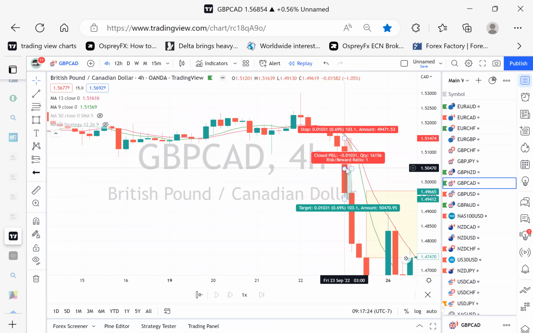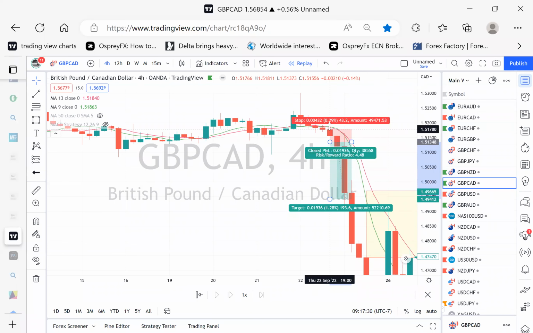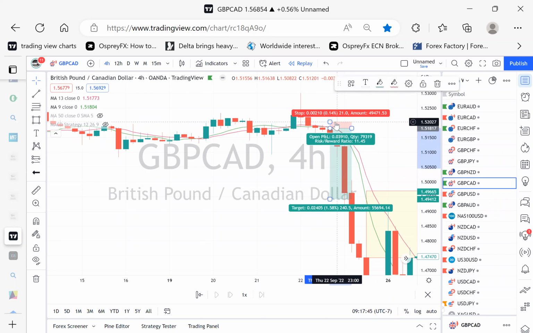We're going to look at this area as your entry on this 4 hour. Get it back up so I can get the same pip count. Let's say in 2021.